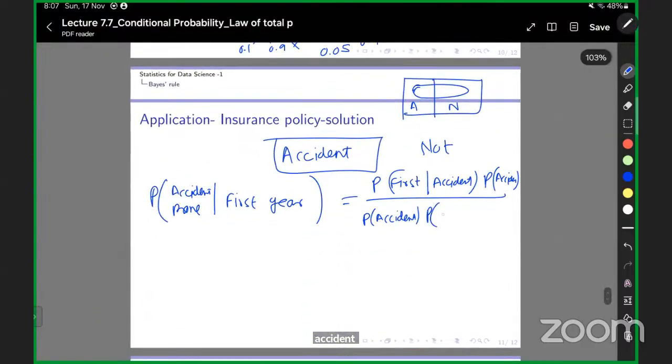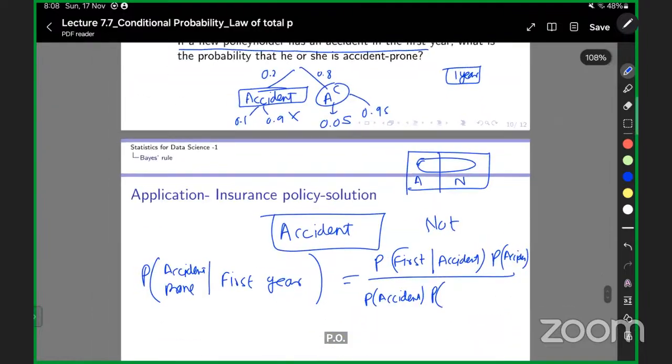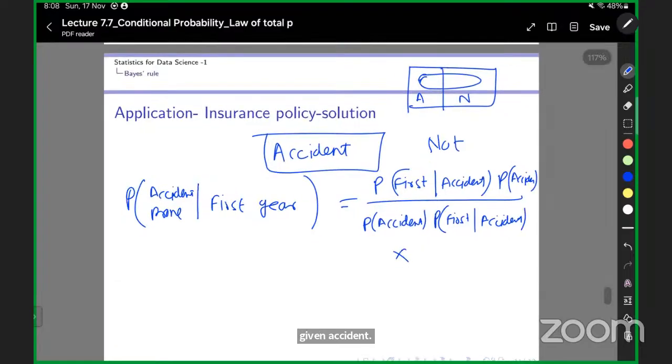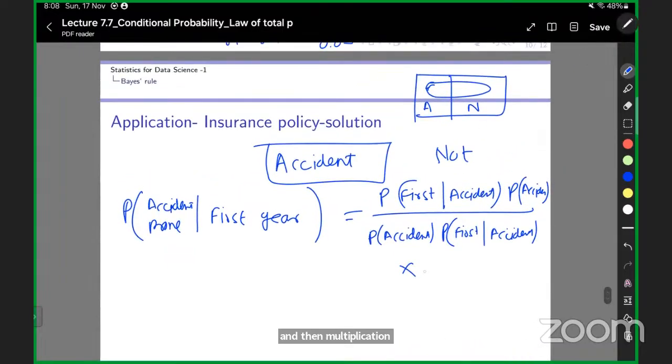P of first year given accident, and then multiplication with P of not accident, and then multiplication with P of first year given that it's from not accident, right?